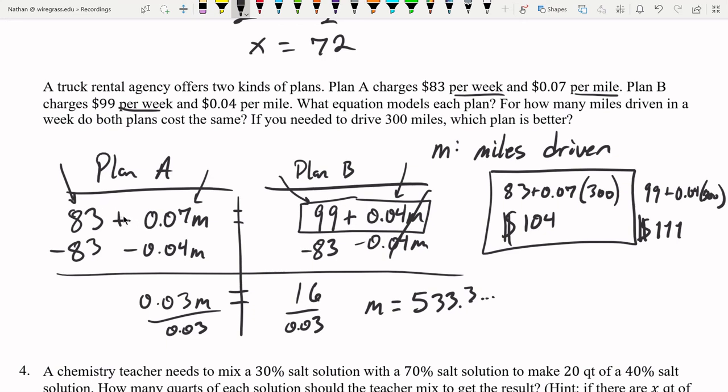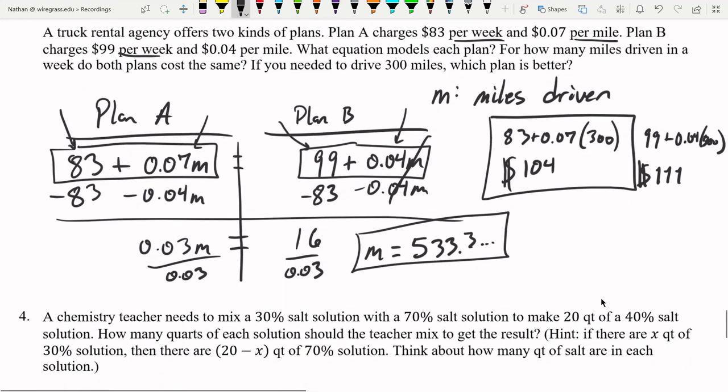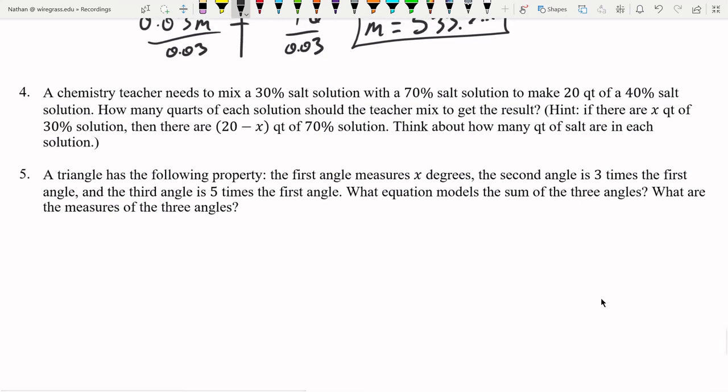But if you're doing short trips, then plan A works out best because it's a lower starting fee. And you know where the break-even point is, when to switch over between the two of them. Okay, give these kind of ideas a try in numbers 4 and 5.